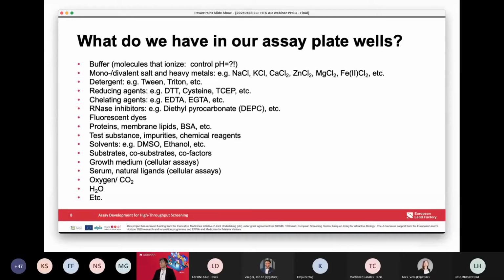Test compounds that also sometimes come with trace amounts of impurities from the synthesis. There are solvents, substrates, co-substrates, cofactors, and in the cellular assays, usually serum and the growth medium and also the air around.